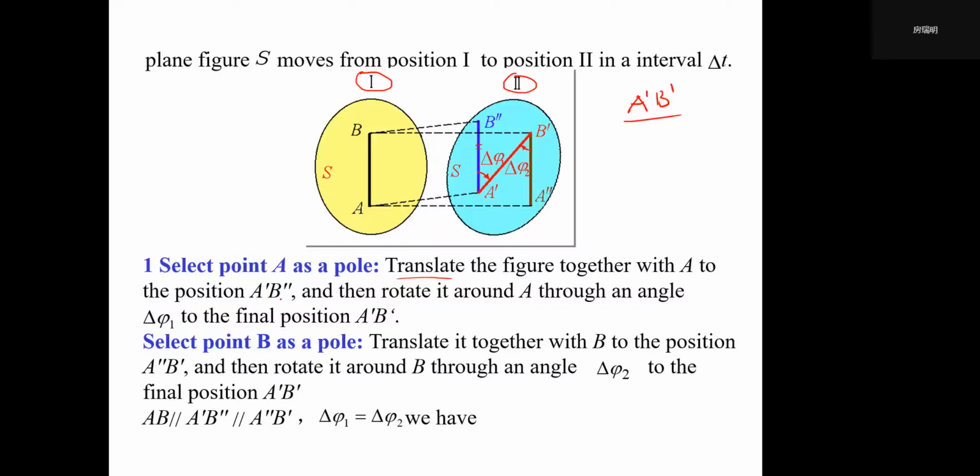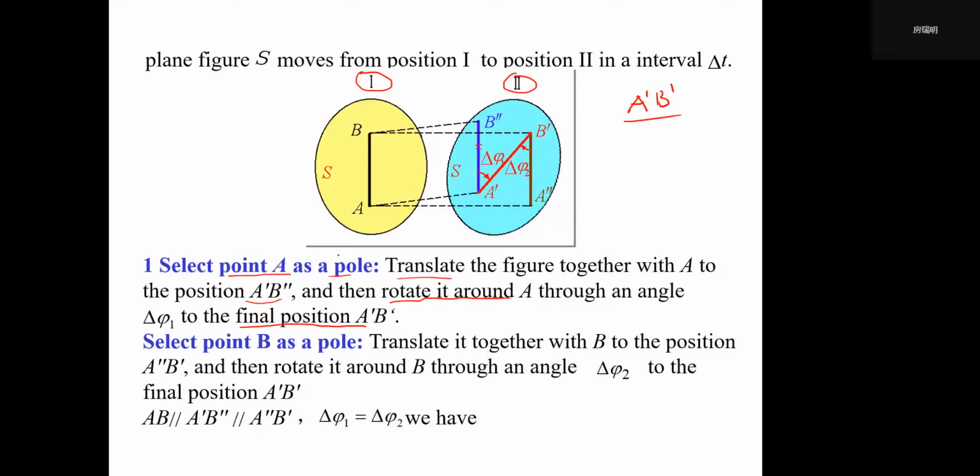So this is A prime and B double prime. And then rotate it around A through an angle delta phi 1, which lets this A prime B double prime change to its final position A prime B prime. So this is the first case, where we select point A as the reference point.